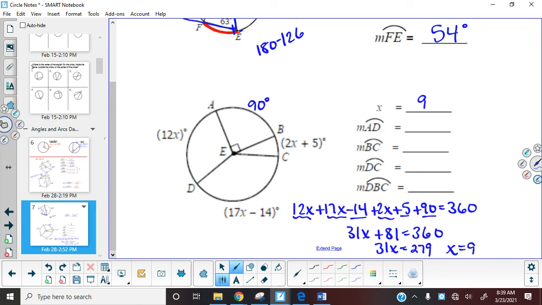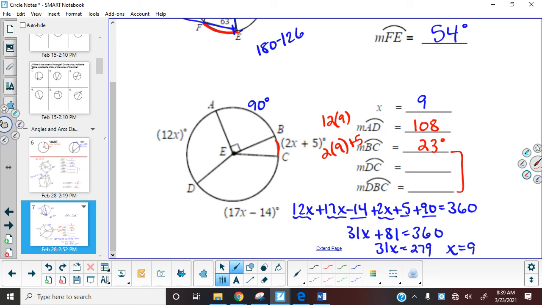So I would go ahead and fill that in. Arc AD then, I would just go ahead and do 12 times 9, so that's 108. BC, we're going to do this part, so 2 times 9, plus 5, so that's going to give me 23.